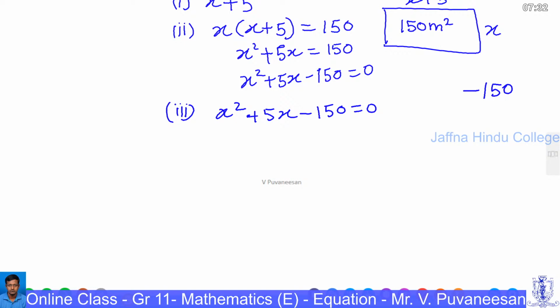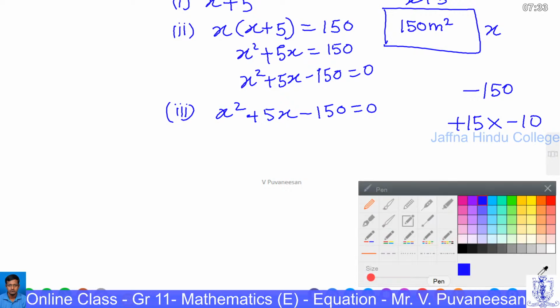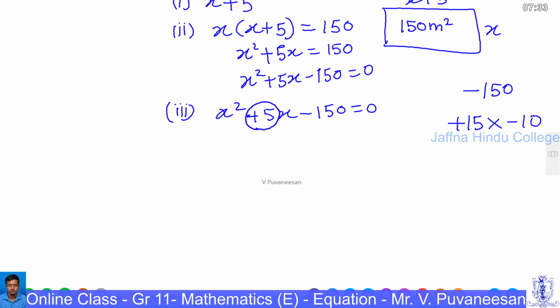You can consider plus 15 into minus 10. Product is minus 150 and sum of these two factors, plus 15 plus minus 10, equal plus 5. We need when added the factors becomes plus 5 and product is minus 150.